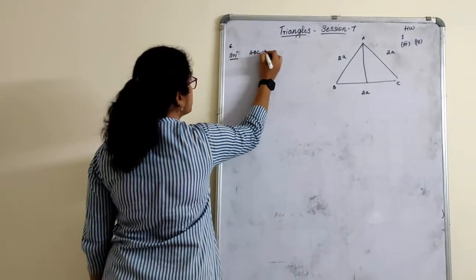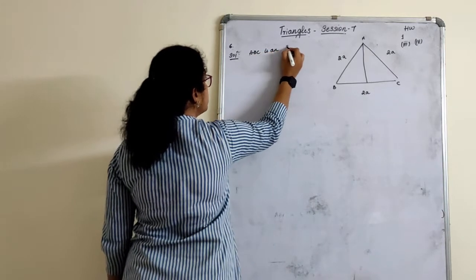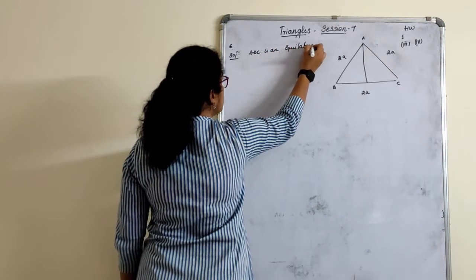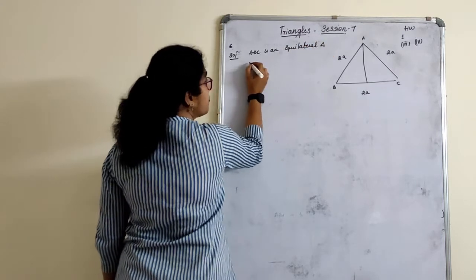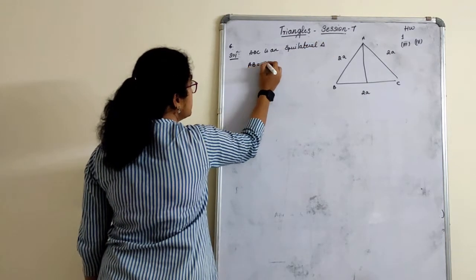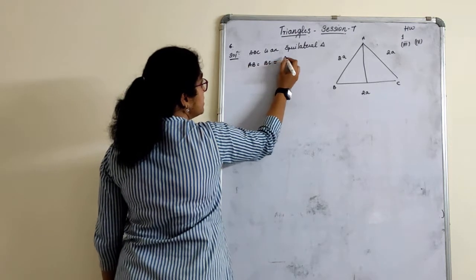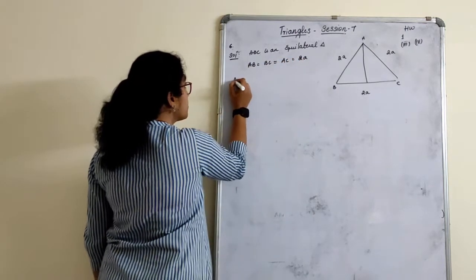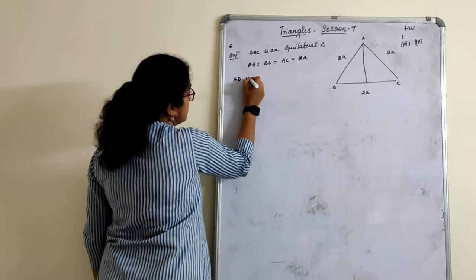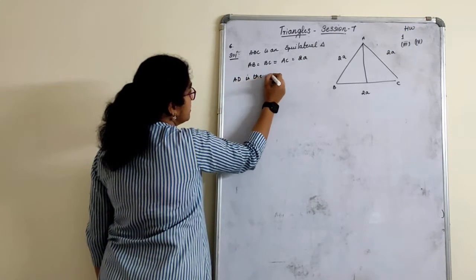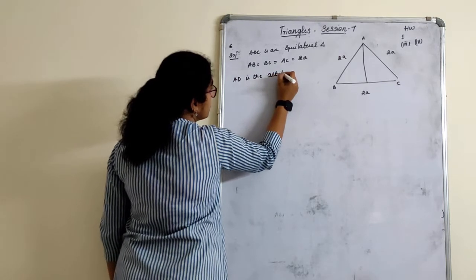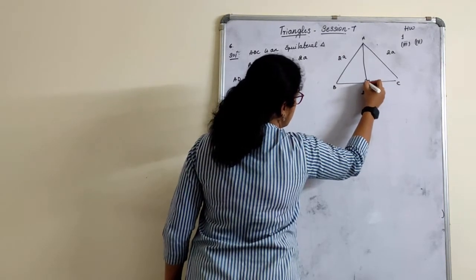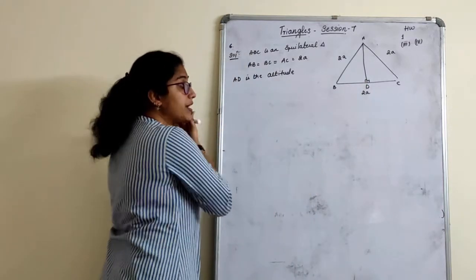ABC is an equilateral triangle. So AB is equal to BC is equal to AC is equal to 2A. AD is the altitude. Altitude means we always know that it is 90 degrees.